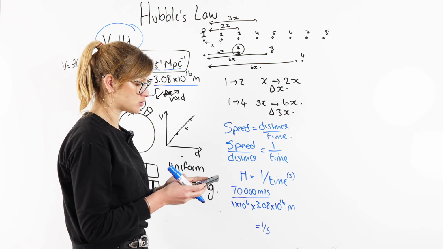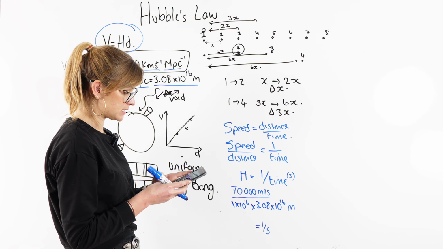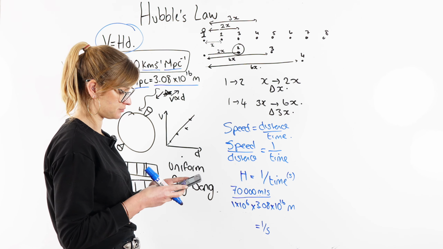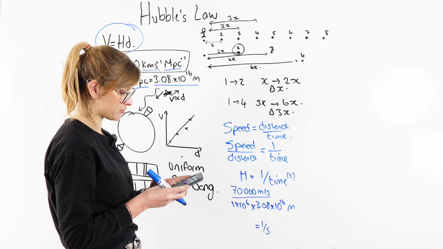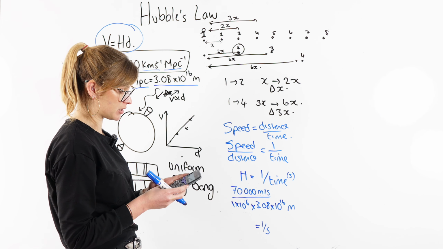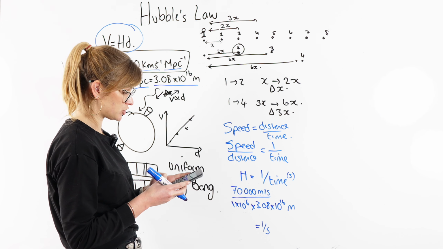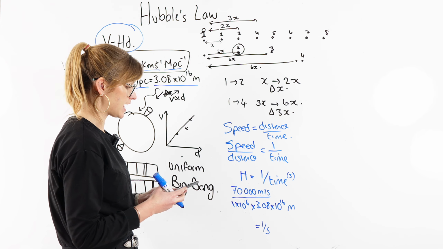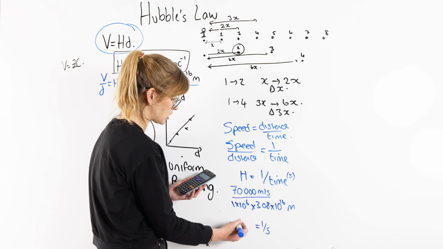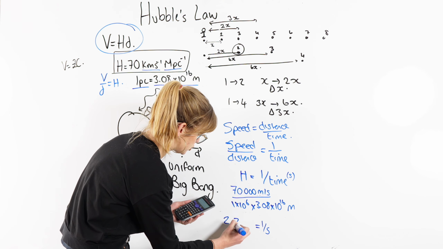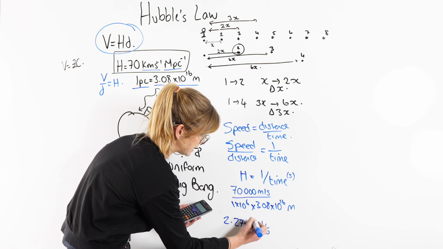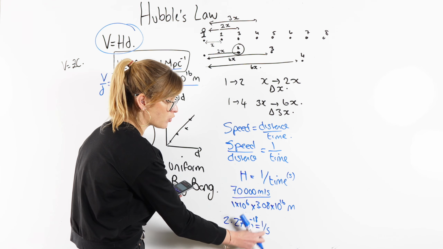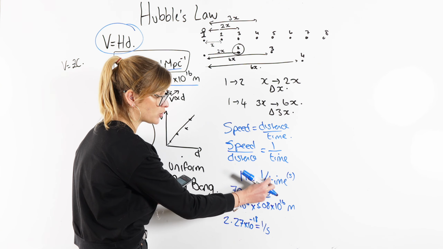So in our calculators, we're going to do 1 times 10 to the power 6 multiplied by 3.08 times 10 to the power 16. And then we're going to do 70,000 divided by that answer to get our number for Hubble's constant. Mine comes out at 2.27 times 10 to the negative 18. Remember, that's 1 over a second, the unit we got left with, or 1 over time.